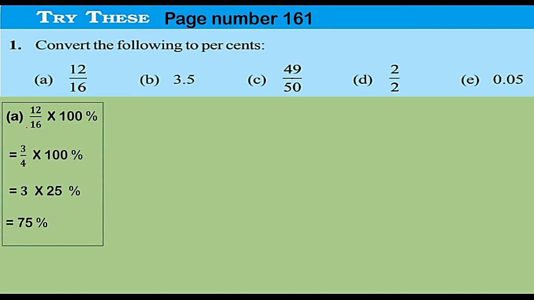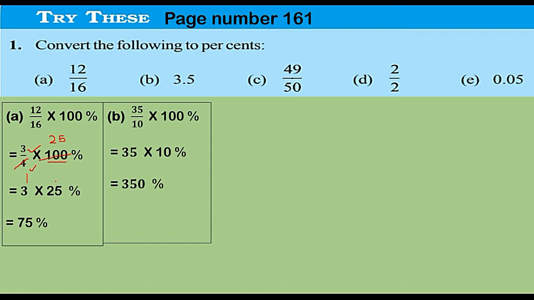So 12 upon 16, if I convert it to reduced term, I get 3 upon 4. Multiply by 100. Cut 4 and 100. So I get 3 multiplied by 25. 3 multiplied by 25 is 75%.